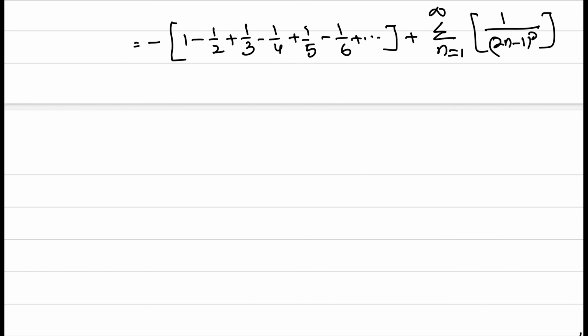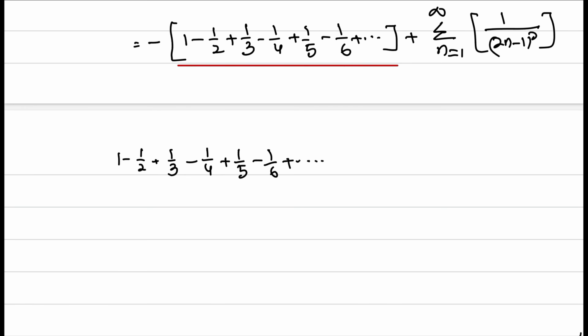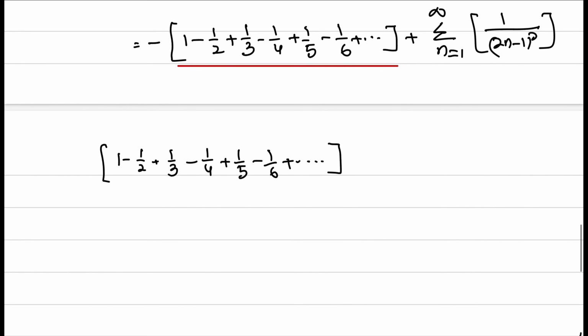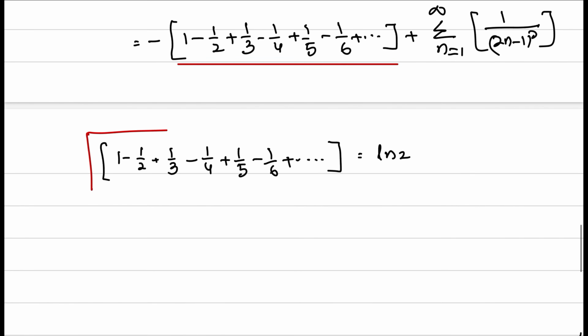What is the value of this? One minus half plus 1 by 3 minus 1 by 4 plus 1 by 5 minus 1 by 6, alternate plus and minus. This sum is a standard series value.